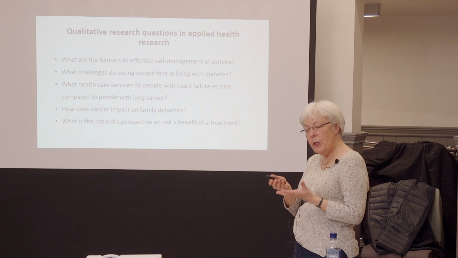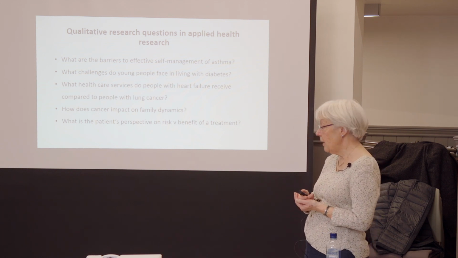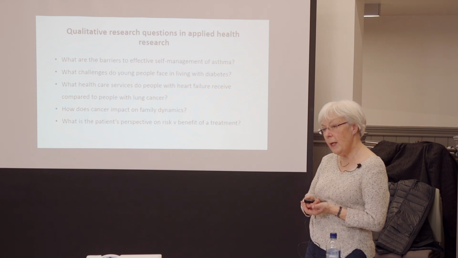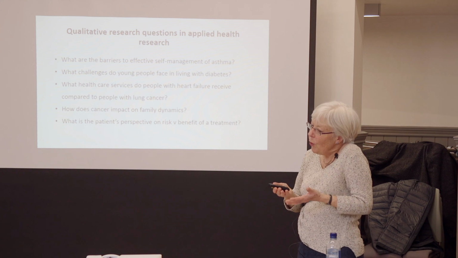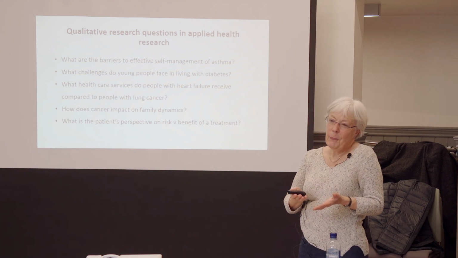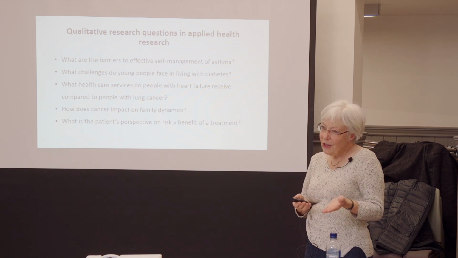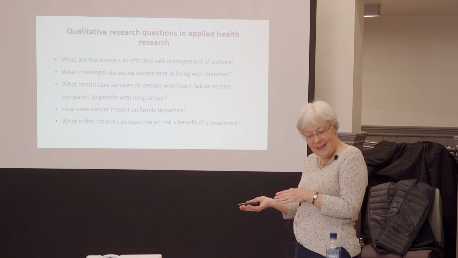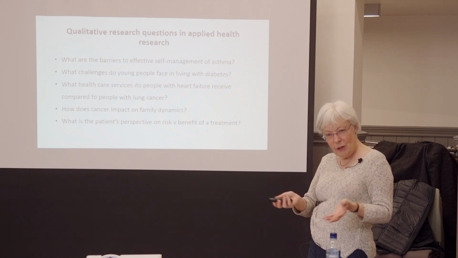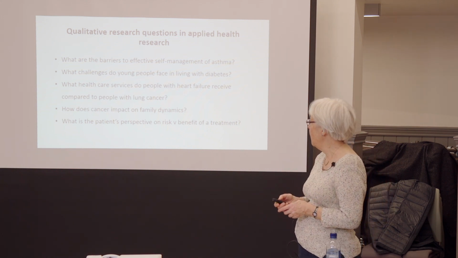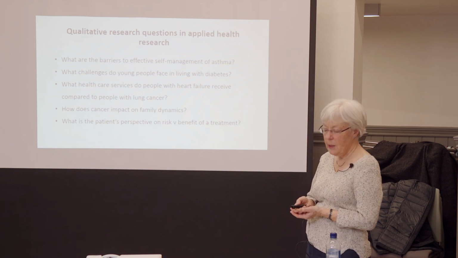It's actually very pertinent to ask patients and the public for their perspectives on weighing up risk versus benefit. Just because you can know if you're at risk of a particular genetic condition, should you know? Do you want to know? If you know, what impact does that have on the rest of your life and on your family? So there are lots of very complicated ethical, social questions that are well addressed by qualitative research.